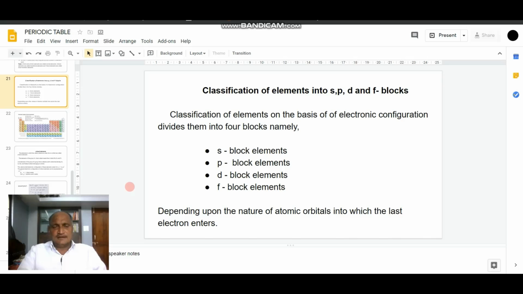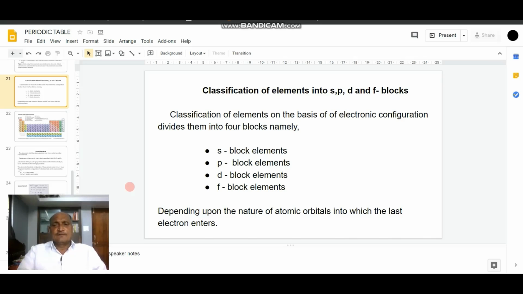So, coming to the classification of elements into S, P, D and F blocks. Whatever elements exist in the periodic table are divided into only four categories, that is S, P, D and F blocks.